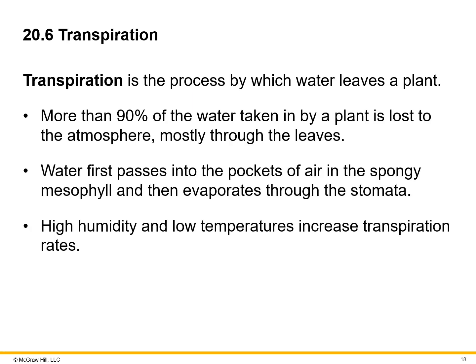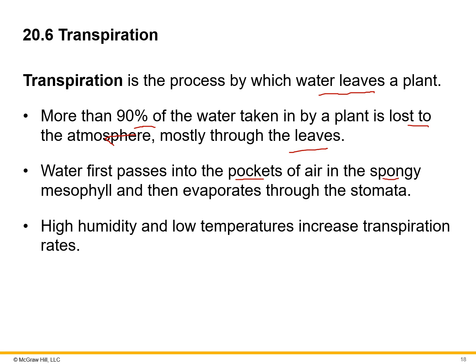Now, as we mentioned, transpiration is how the water is leaving the plant. About 90%, so the majority of water that comes in, actually gets lost in the atmosphere. And most of that is occurring through the leaves. First, it passes through those pockets of air in the spongy mesophyll.